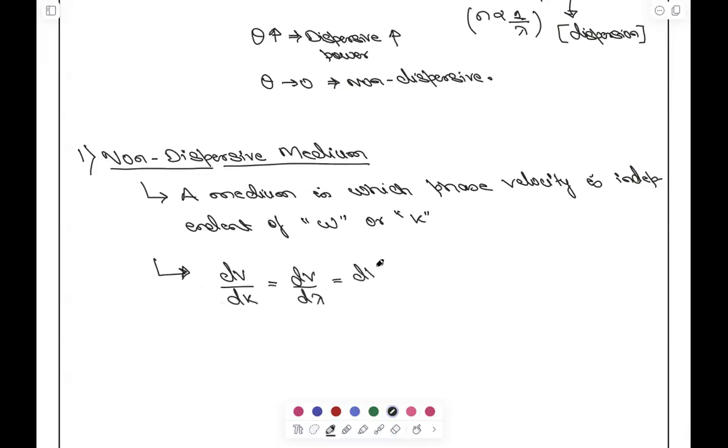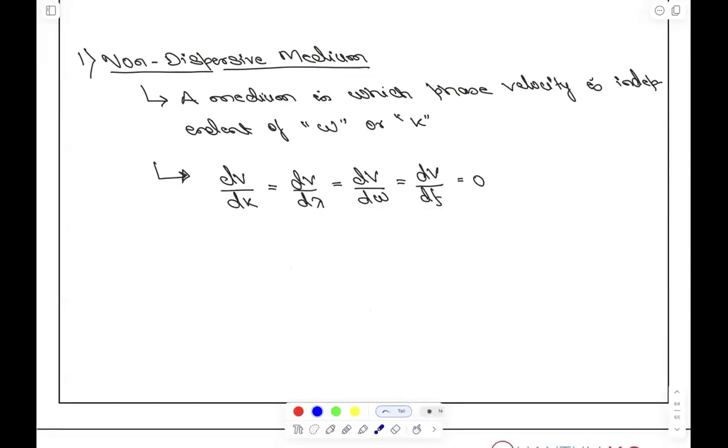In the statement just above, I am writing dV by d omega or dV by df. It will be equal to 0. No change in speed with change in this. This is our non-dispersive medium. So can I write that Vg equals V?